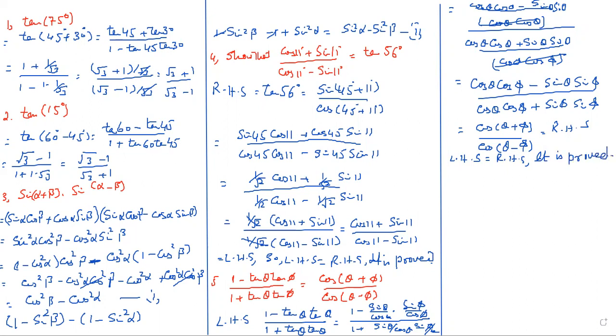Right. I hope you understand it well. I'll do one question for you. Find the value of sine 105. This is question number 6. Sine 105, okay. So this may be written as sine 60 plus 45.